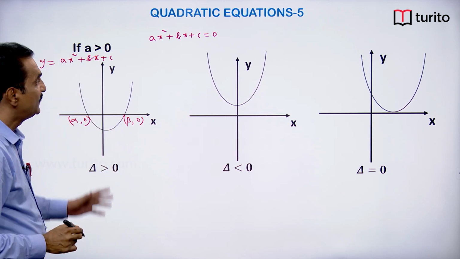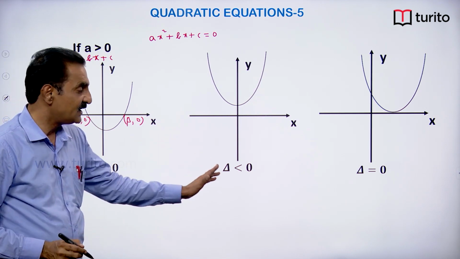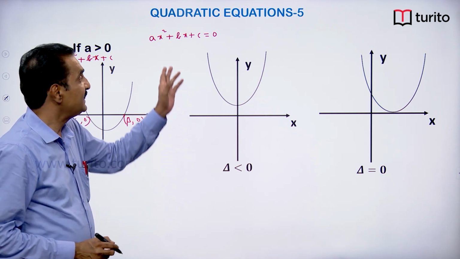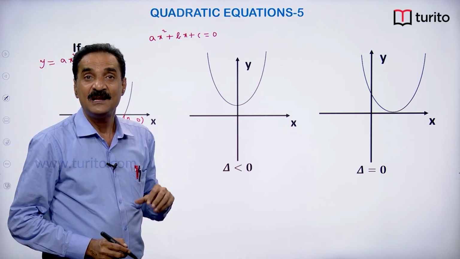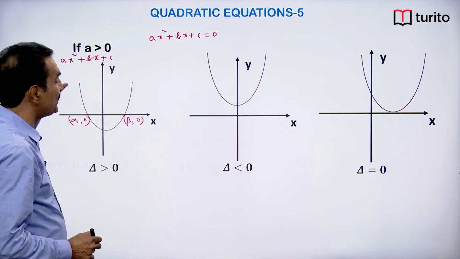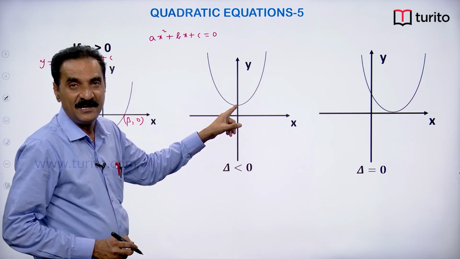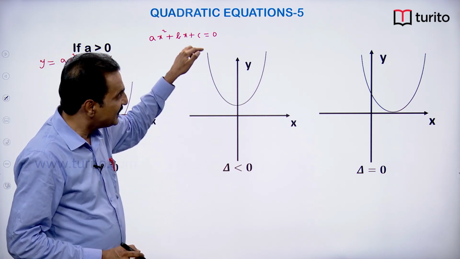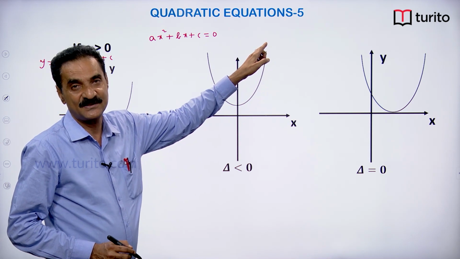Okay. Now, let us take another situation. Delta is negative, discriminant is negative. Then the roots of this quadratic equation are imaginary, non-real. Then putting y is equal to 0, you are not getting any real values. That means the graph does not intersect the x-axis. The graph will be completely above the x-axis.